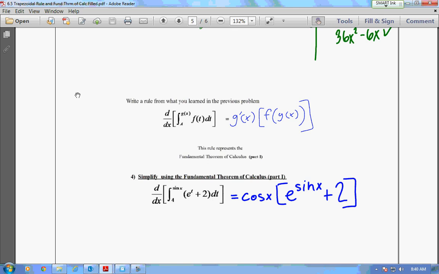Okay, here's the bottom of our notes. That's the first part of the fundamental theorem of calculus. You remember this on your notes?